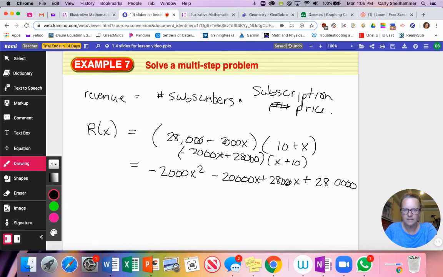So first, yep, outer, I added a 0. Inner, we're good. And then last, I added a 0. Cool. Gather your like terms in the middle.